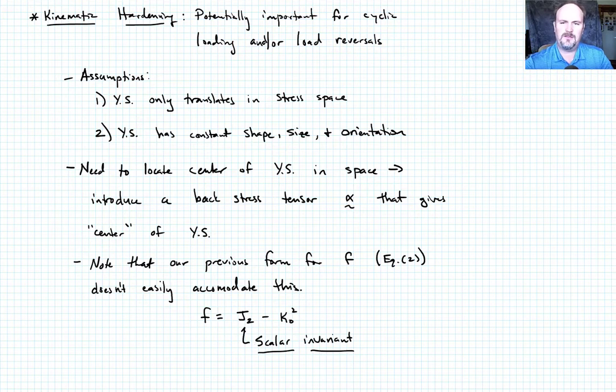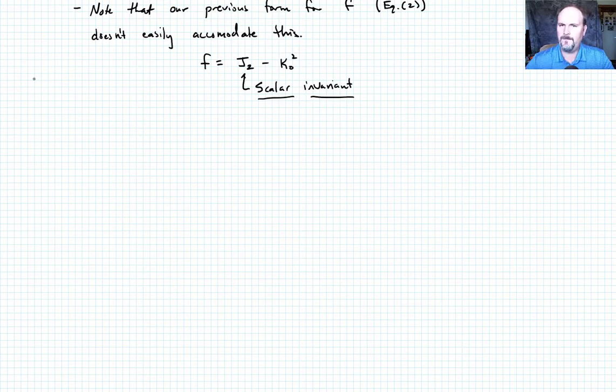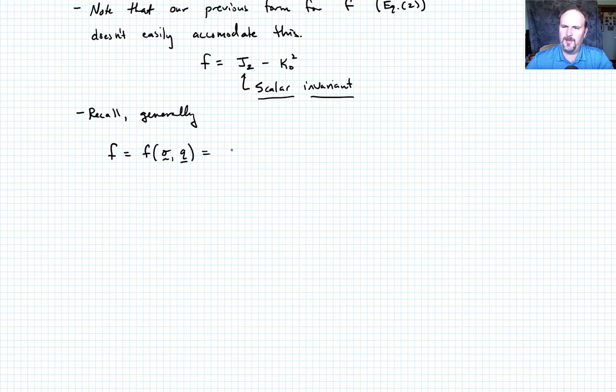So let's try to write this a little bit more generally. Let me see if we can recall what we talked about before. Generally, for any yield surface, F is equal to some function of sigma, the stress, and our internal variables Q, which so far we would just write as F of sigma and K naught, because we can use sigma to get to J2.